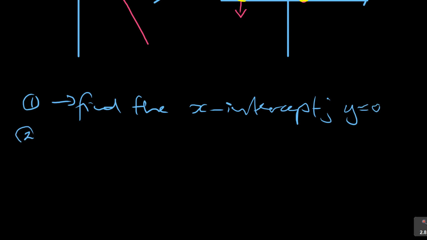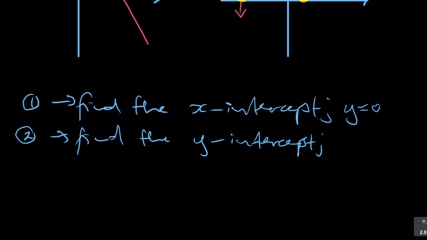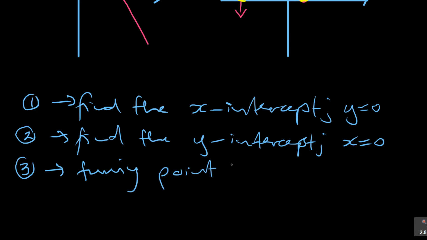Number two, you find the y-intercept. In the y-intercept, again, remember x is equal to 0. And then number three, you find the turning point of the graph. These are the common ones that you find.